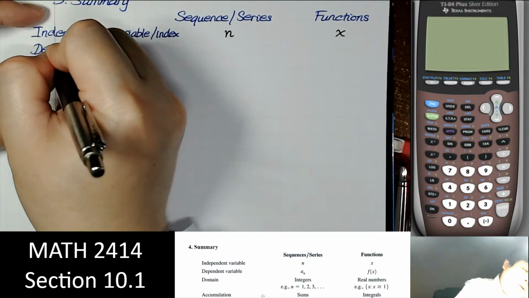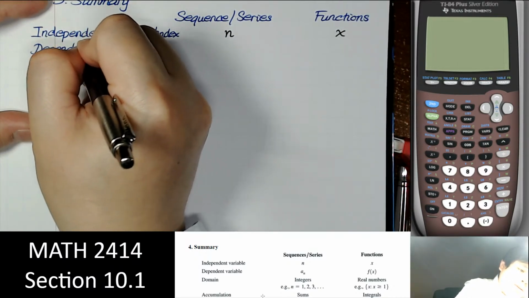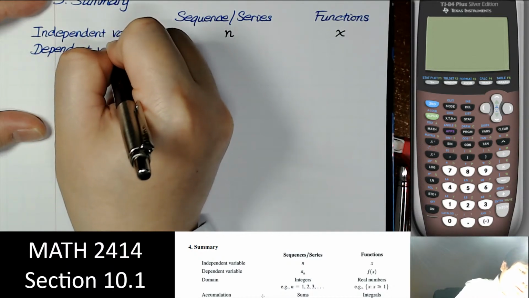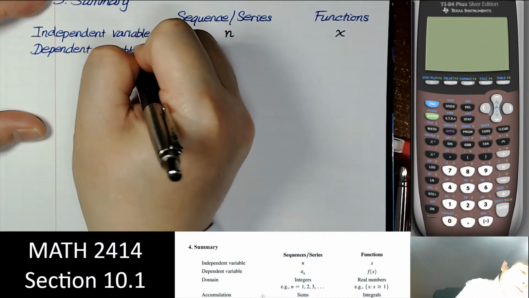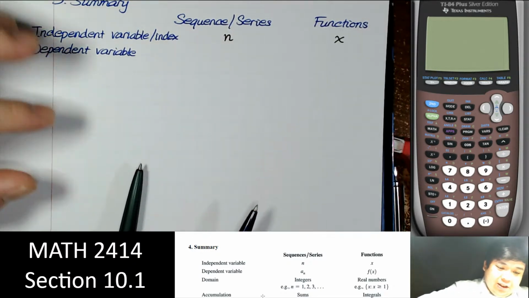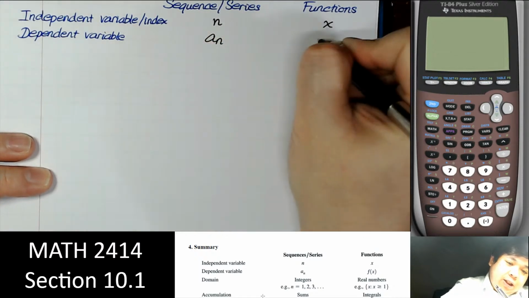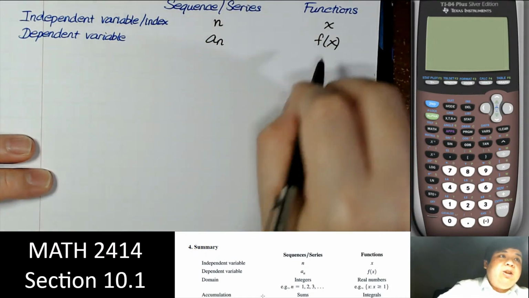The dependent variable: we have a sub n and f of x, just different forms.